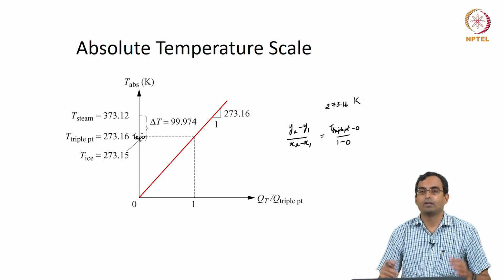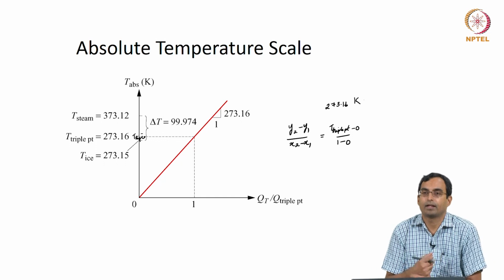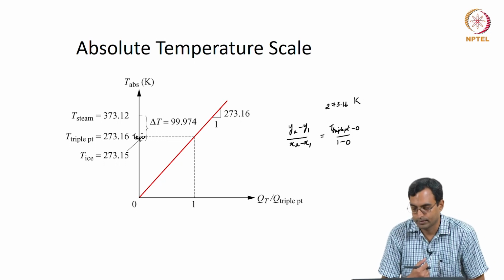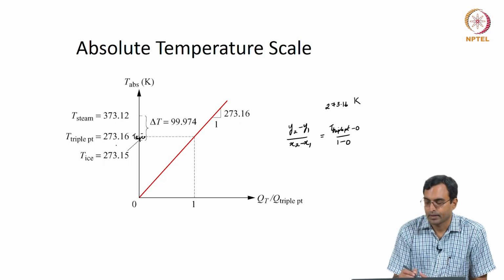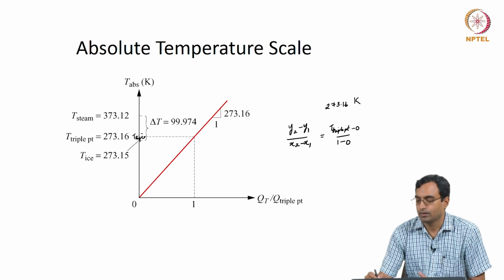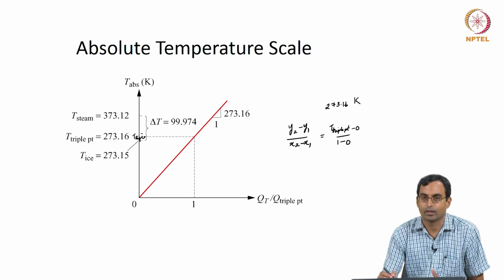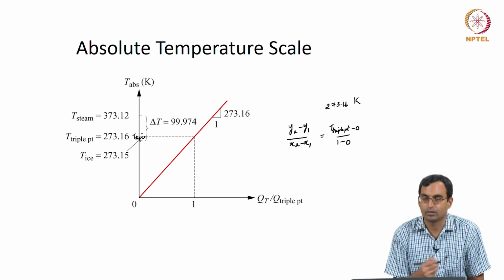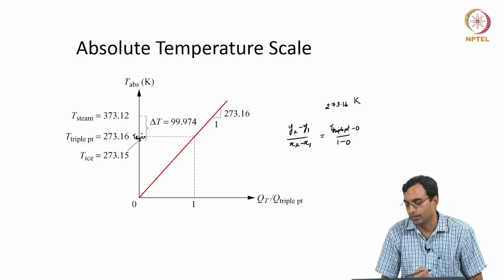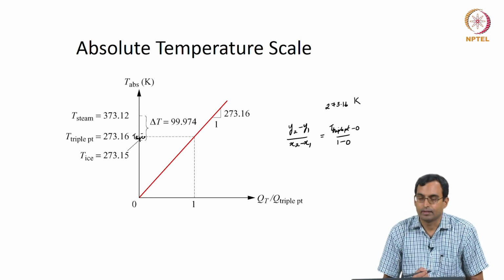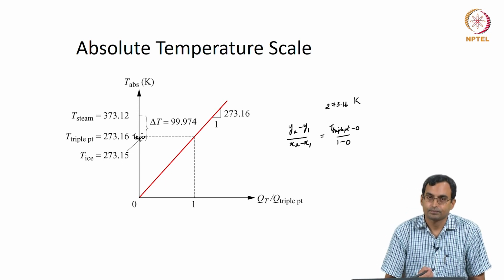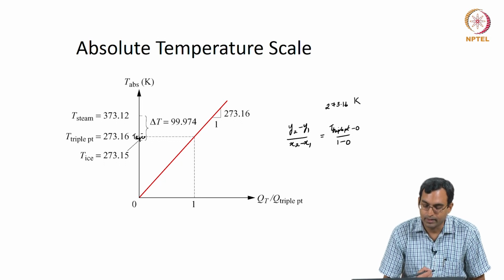So, on this Kelvin scale, let us assume the triple point value to be 273.16. Then the slope of this line is 273.16 minus 0 by 1 minus 0, which is 273.16, when you plot it as a T versus Q by Q triple point scale. The slope is this. So, this is how they came up with this new scale.